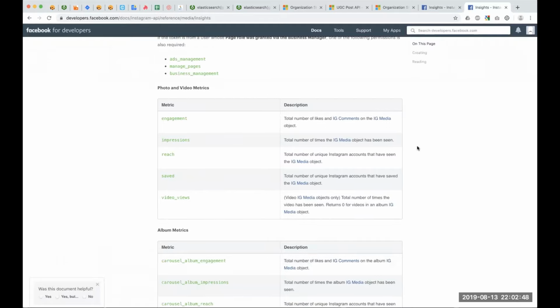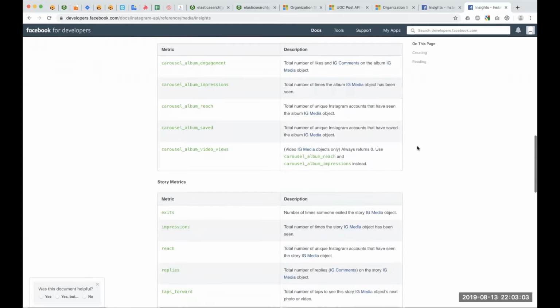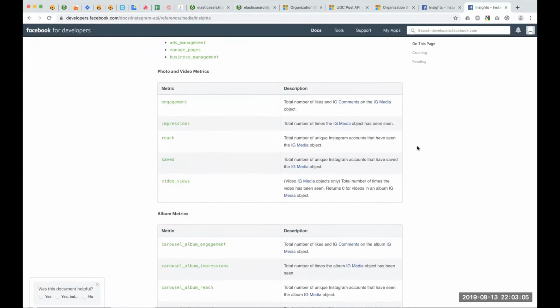So these aren't that much. For instance, Facebook has around hundreds of metrics for pages and posts, and Instagram has maybe 20 at most. So these are the 5 metrics that we get from Instagram.